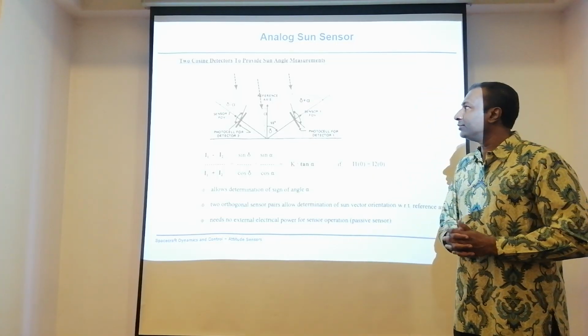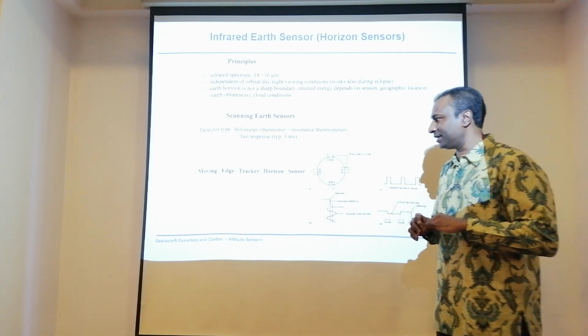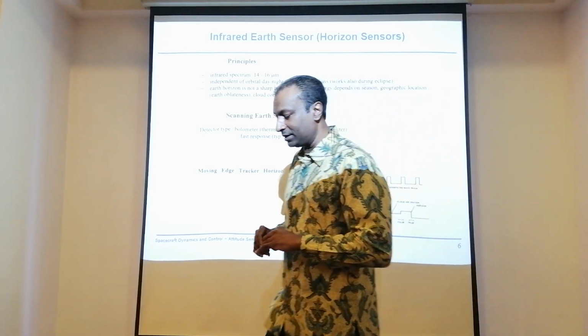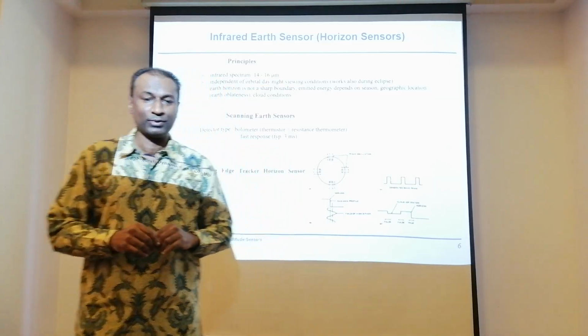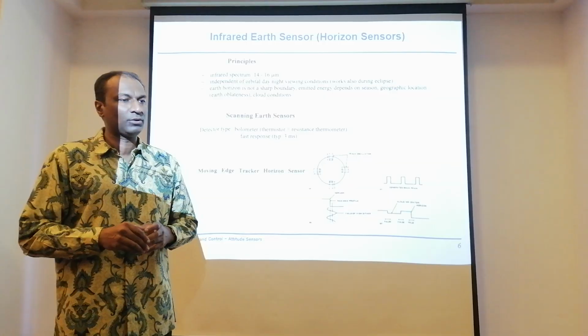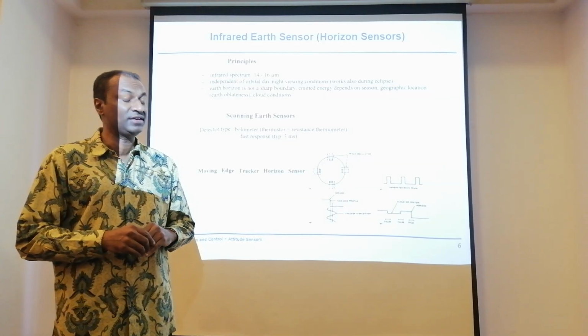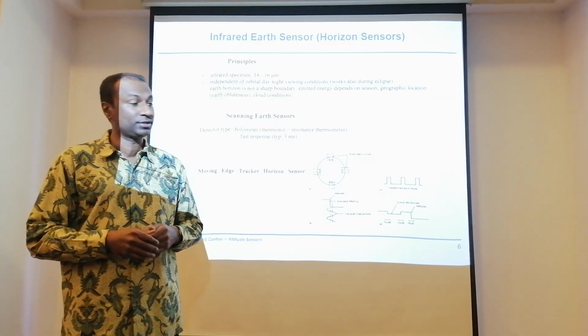Alright, go on. Infrared Earth sensor. This is a very interesting sensor. The good thing about this sensor is that whether it's sun phase or eclipse phase, you can use it. It is one of the very commonly used sensors, even for LEO or geostationary orbit.